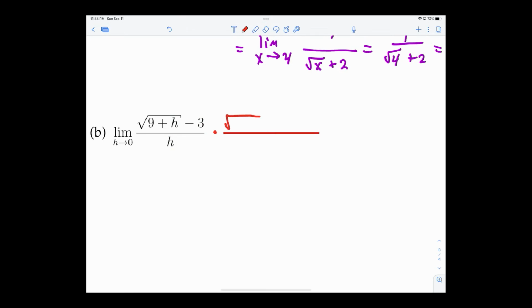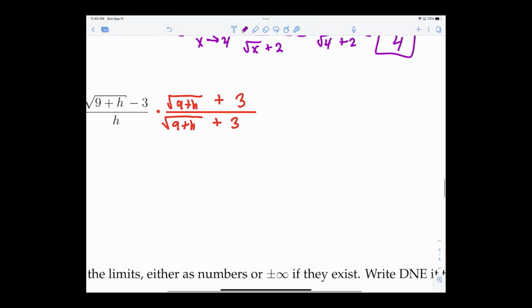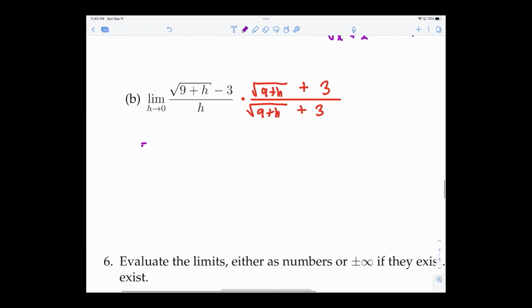So we're going to have square root 9 plus h plus 3 over square root 9 plus h plus 3. And when we multiply this out, as we know, like a, b, we know we're going to get a squared minus b squared when we multiply out the top.